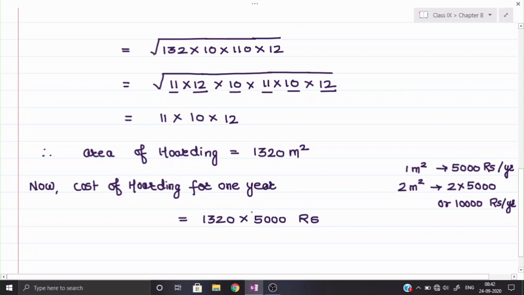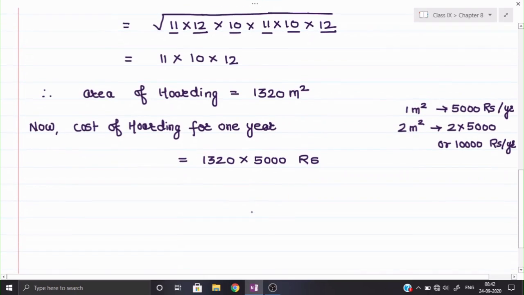Now I can say that this is the cost of 1 year, or the cost for 12 months.